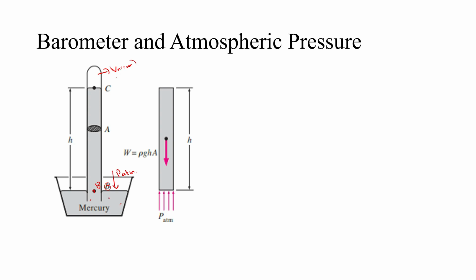To find out, you can consider 2 points, point B and this location. You can see that this is a connected fluid system and both are at the same level. That means pressure at B should be equal to atmospheric pressure. So PB is equal to P atmosphere. We are making use of this principle.